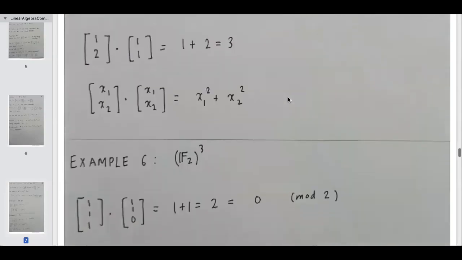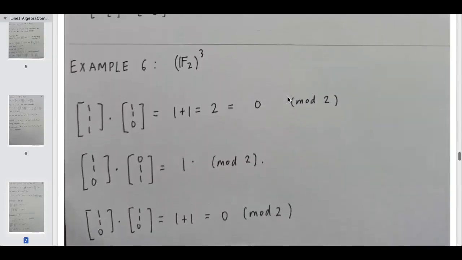So let's move on to an example in F2 to the 3. For example, if we have the vectors (1, 1, 1) and (1, 1, 0) and we do the dot product, multiplying the first components we get 1, multiplying the second components we get 1, multiplying the third components we get 0. So the dot product is 1 plus 1 modulo 2, which is just 0.